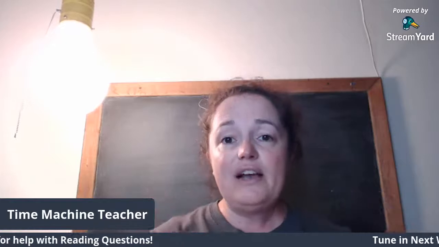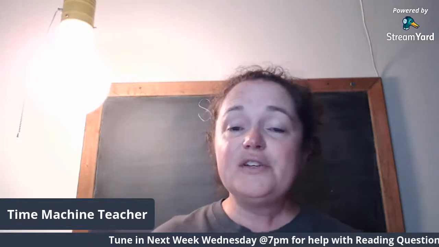And then you need to use content-specific vocab. I had a lot of questions about what that means. Basically, any vocab that goes with that question. I'll give you some examples in a minute when we start going over these. And then you need to explain how and why something happens.